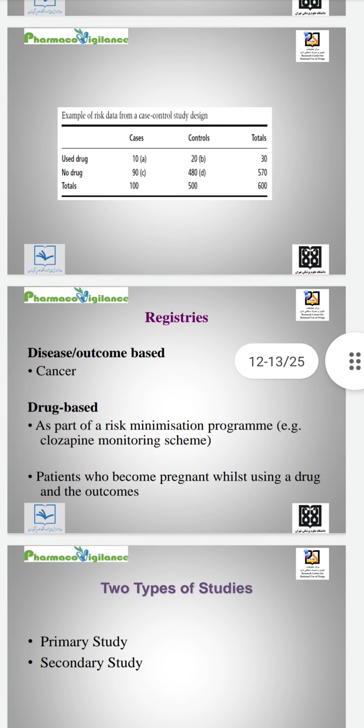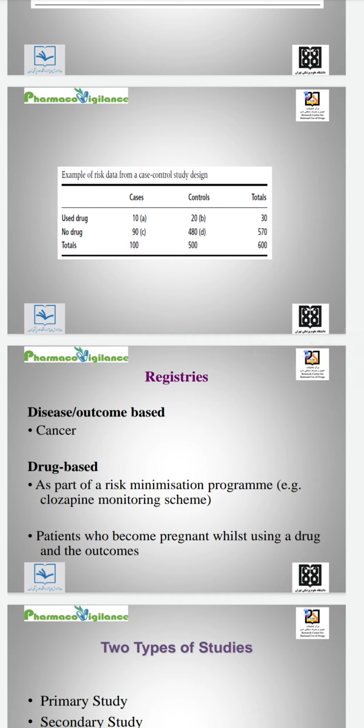Registries are either disease or outcome based, for example cancer, or drug based, as a part of a risk minimization program. For example, a close-up monitoring scheme is a drug-based registry, while a cancer registry is disease outcome based.